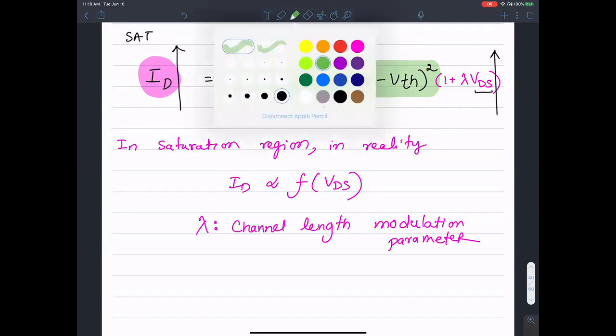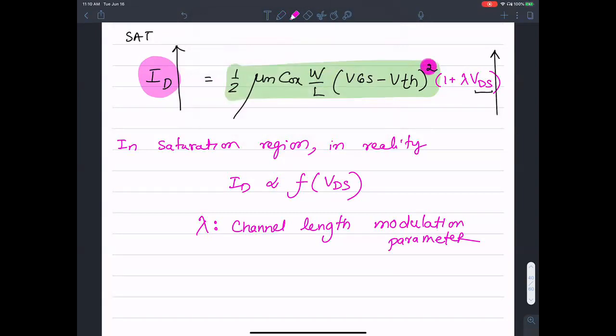As opposed to this, if VGS goes up, there's a square law dependence, so there is a quadratic dependence. But in terms of VDS, it really is a linear relationship.